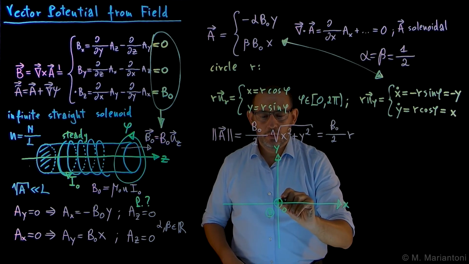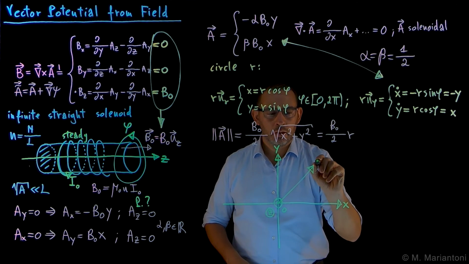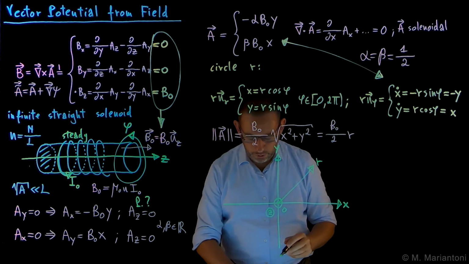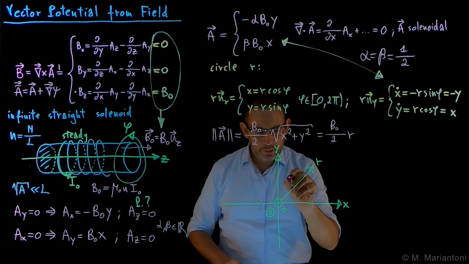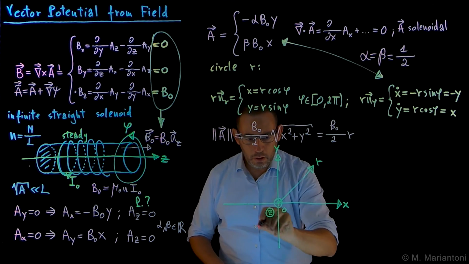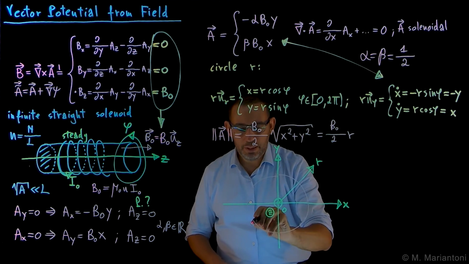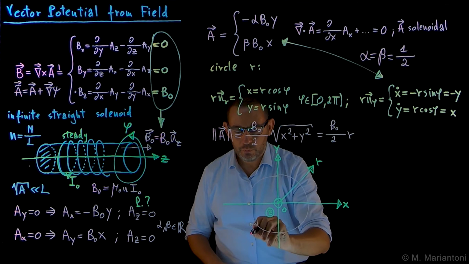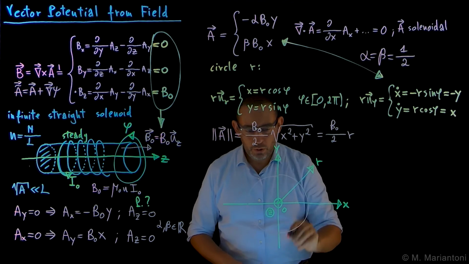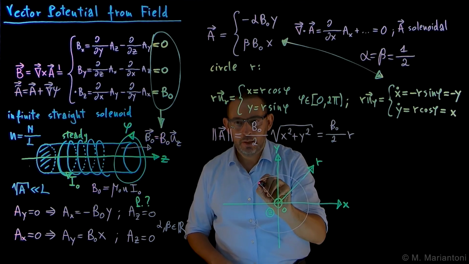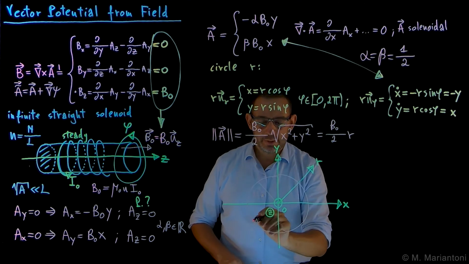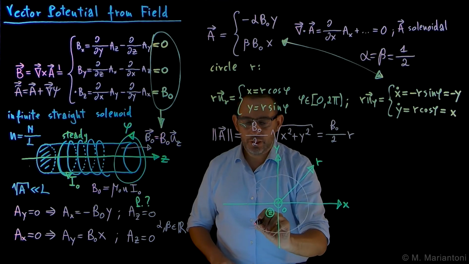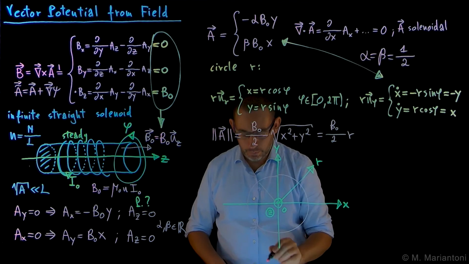And this one would be r. And so now here we take A has to be of this type. This must be my vector A, where this radius here has to be the norm of A as we computed it up here. And the direction has to be tangent here.